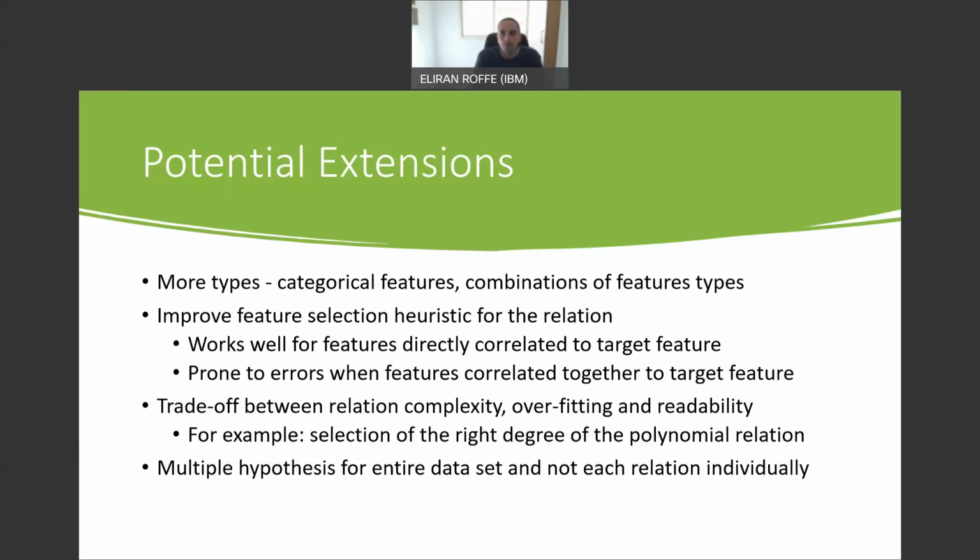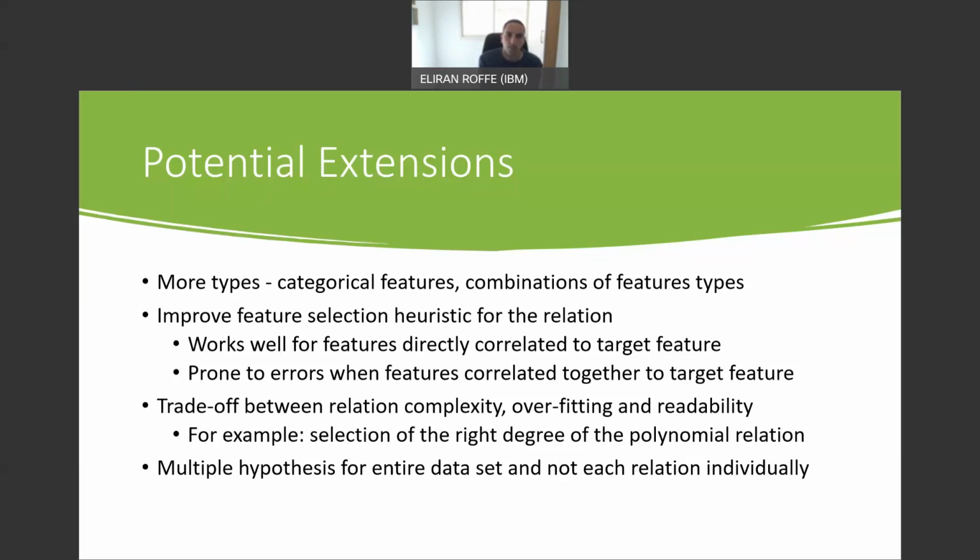Because maybe they are well correlated together, but fully random to Y. So this makes us prone to errors. It means that we won't, or probably won't, select this relation. So this is not good enough yet, and this is something that we should improve.